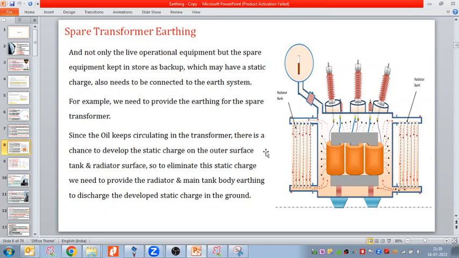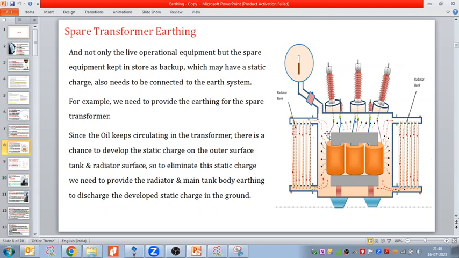Continuously, the oil keeps circulating through the radiator, am I correct? Are you connecting with the point I am trying to say? Yes, sir, due to the flow of oil in the transformer, static charge will develop that can be hazardous.